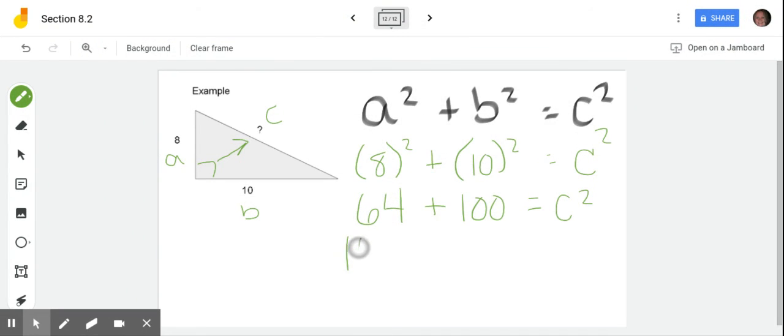So 164 equals c squared. To find out what just c is, I take the square root of both sides. So now I'm going to simplify that 164. Is there a perfect square that goes into 164?